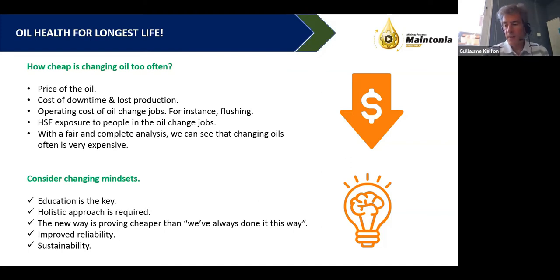So in many instances in industrial lubrication and hydraulic fluids, we see with our own eyes that when it's done right in a holistic manner, we can end up with lubricants or hydraulic fluids which will last as long as the machine that they are used in.